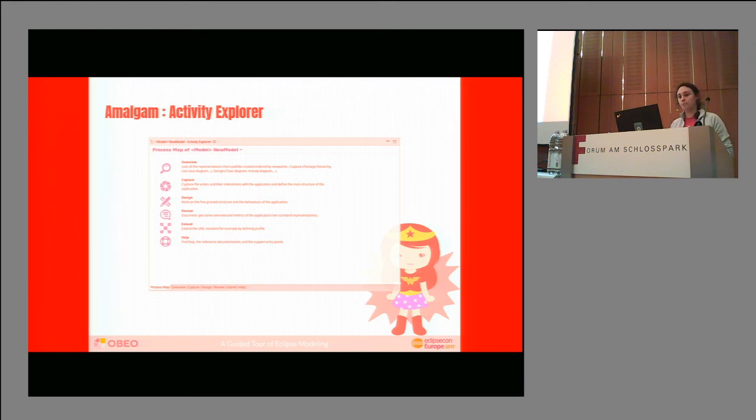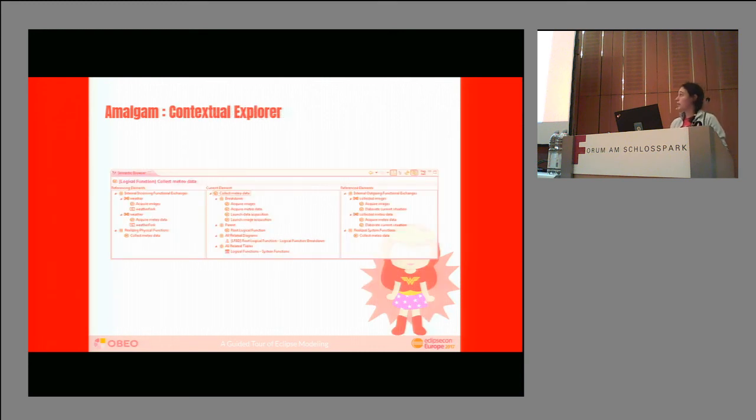You can also use another component coming from Amalgam, which is the contextual explorer, and this one allows your end user to view the impacts of an element in his model, for example, which elements reference it and which elements it references.